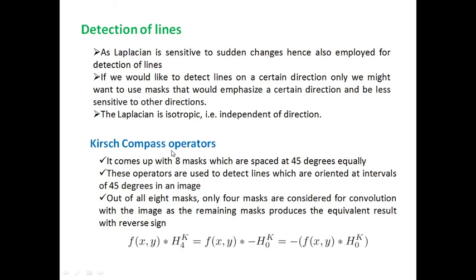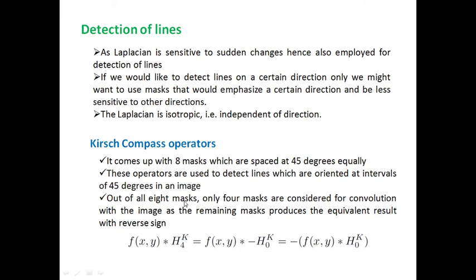The Kirsch compass operator comes up with 8 masks which are separated at 45 degrees angle. If I divide 360 degrees by 8, I get 45 degrees, right? So the Kirsch compass operator is providing me 8 different masks. These operators are used to detect the lines which are oriented at intervals of 45 degrees in the image.